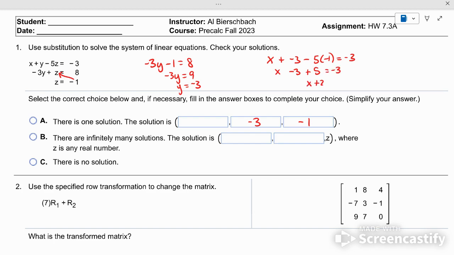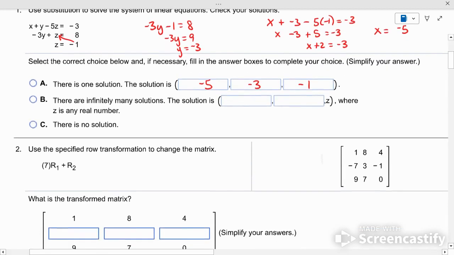X plus 2 equals negative 3. X equals negative 5. Now that's easy peasy lemon squeezy. Okay? We're good with that, right? We can handle that.